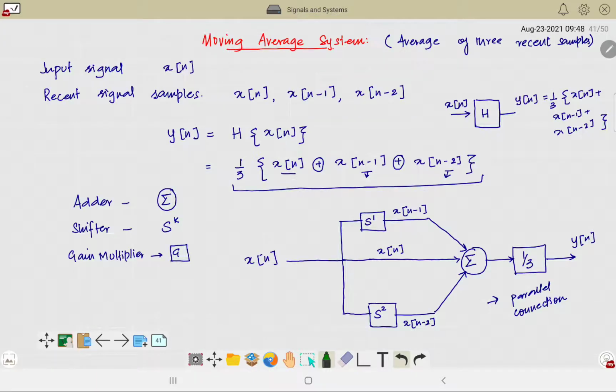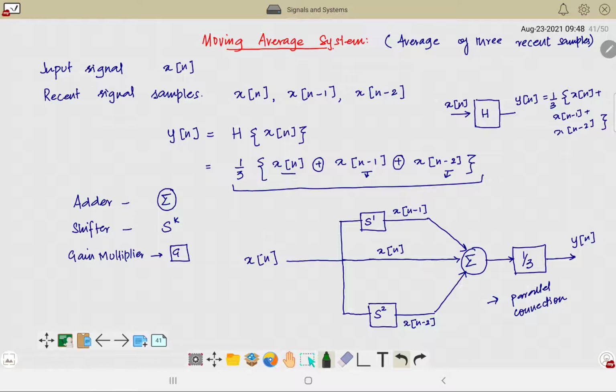So why I did a small example, it basically brings forth some observations. First observation is that a system will always have an input, it will always have an output, which will have different properties. So input has one set of properties and output has another set of properties. Second thing, a system basically performs transformation on this input signal.